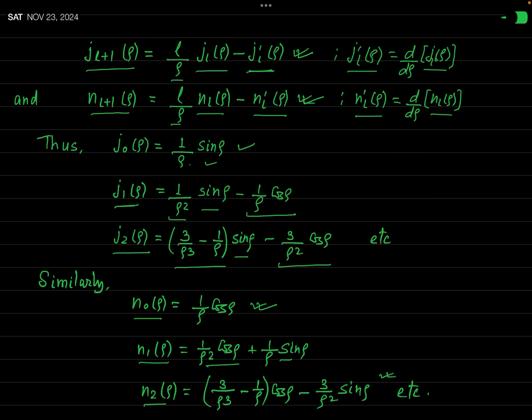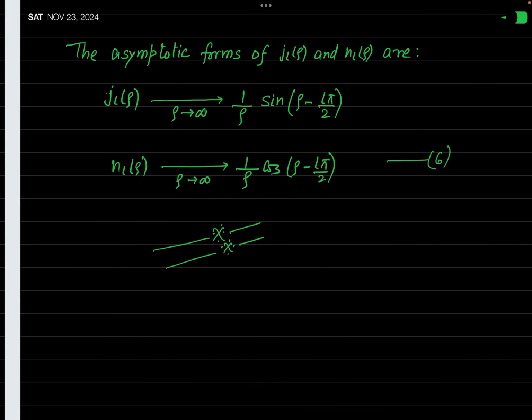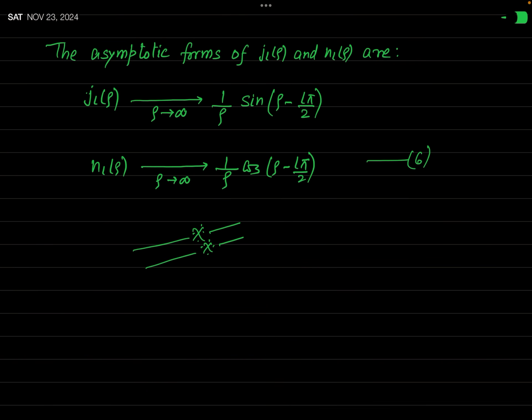Now, in dealing with the problem of scattering, we will have to see the asymptotic form of these spherical Bessel functions j_l of rho and n_l of rho. When you talk about asymptotic form, it means when rho tends to infinity.